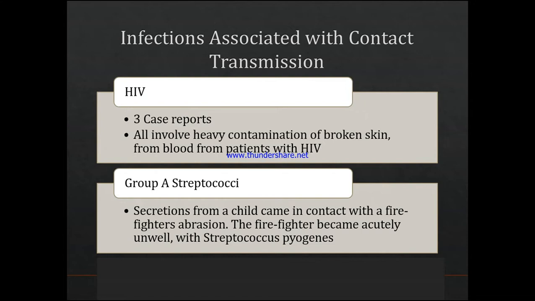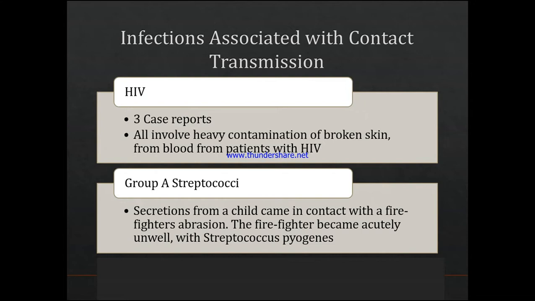Infections associated with contact transmission: three case reports of HIV, all involving heavy contamination of broken skin with blood from patients with HIV, and Group A streptococci, where secretions from a child came in contact with a firefighter's abrasion, and the firefighter became acutely unwell with streptococcus pathogens.